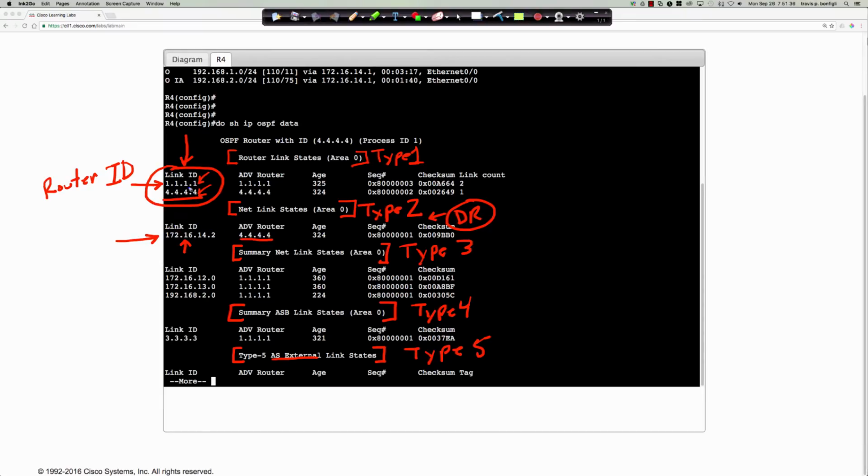Type 1 is always generated, but the type 2 may not always be generated because it's generated by the DR. And what that means is if there's no DR BDR election, so if we're talking about point to point, or if we're talking about point to multi-point, basically any other option other than broadcast or non-broadcast, and there's no DR BDR election, you will not see a type 2.